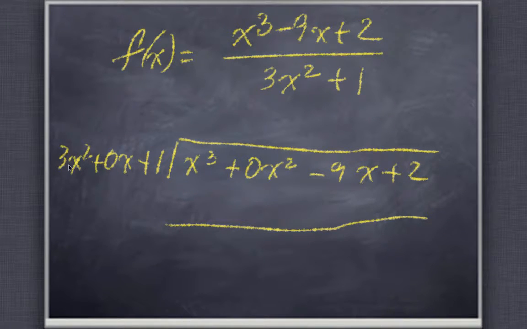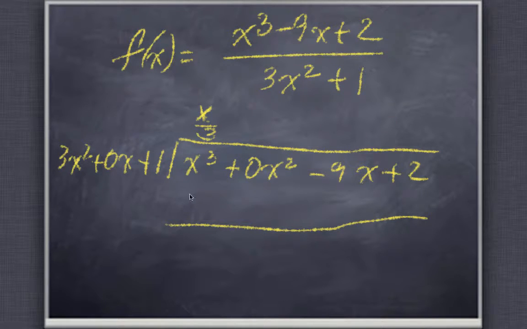x cubed divided by 3x squared is all we do to start with. So x cubed over 3x squared is x over 3. The 3 stays in the denominator because we don't have anything in the numerator to cancel it, and x cubed over x squared is x. So that's x over 3.